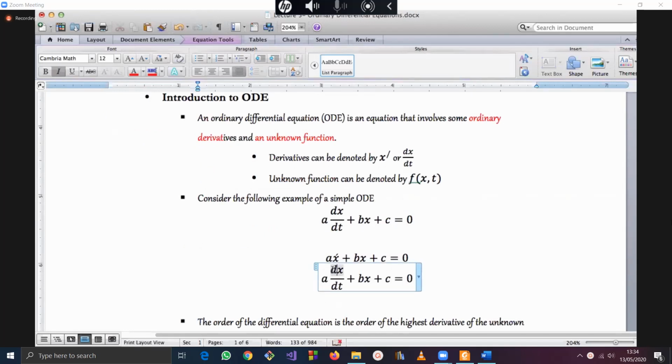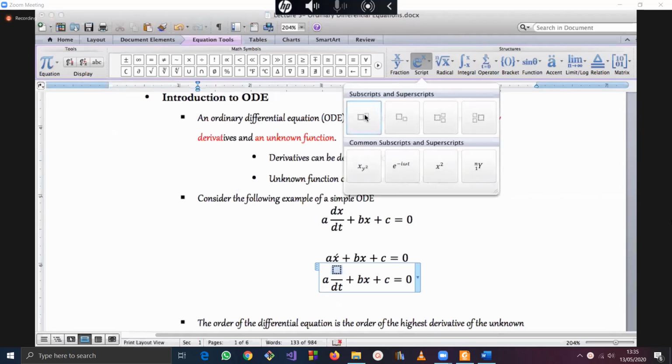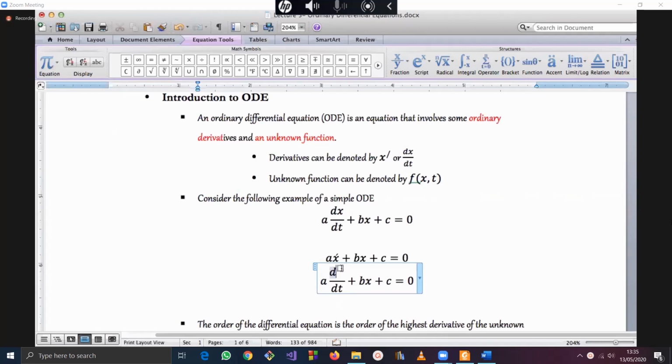And this one I would put something here. Then x. So something like that.